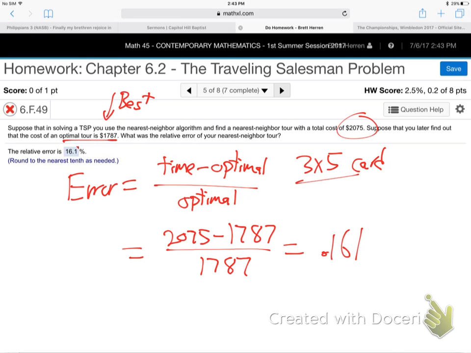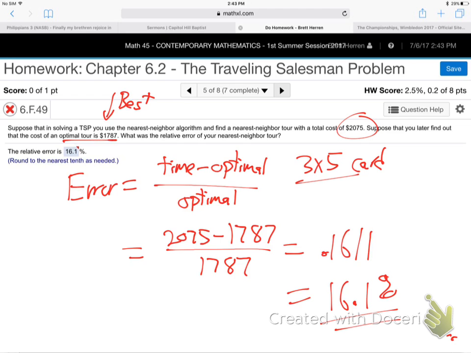What comes after the 1? 0.161? 1611? Okay. So yeah, so when you turn that into a percentage, you know it moves 2 places. And they want you to round to 1 decimal place, so there we go. Does that make sense? Do you see how that gives you the error?